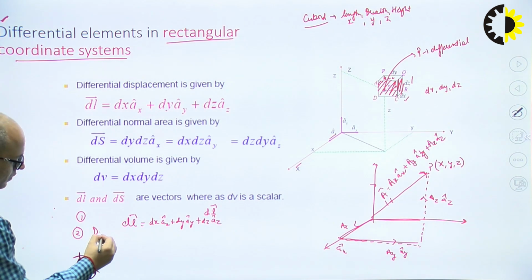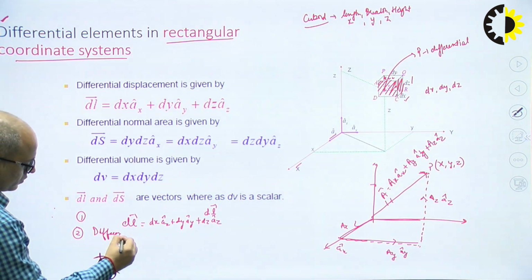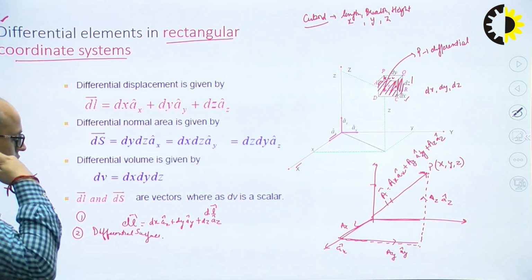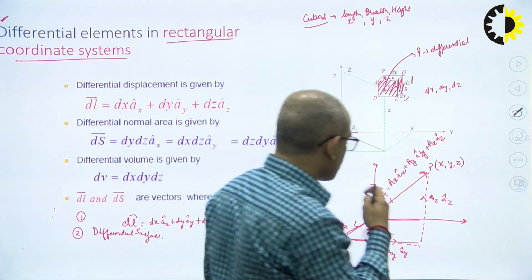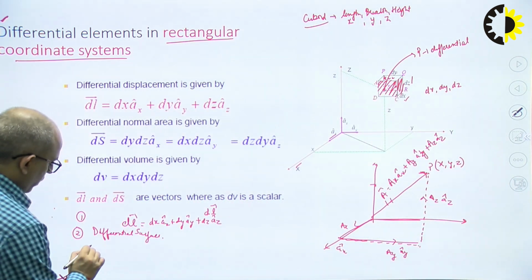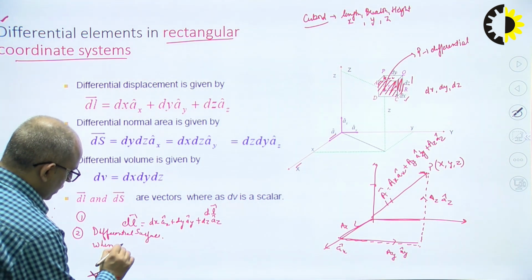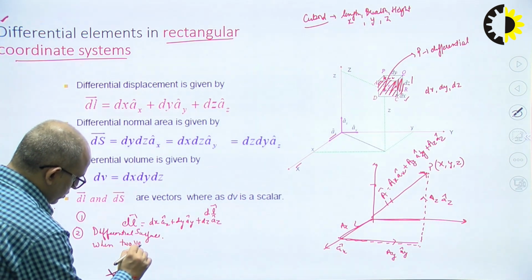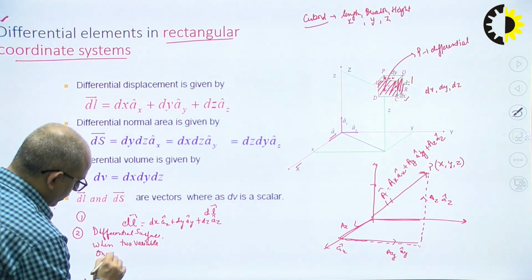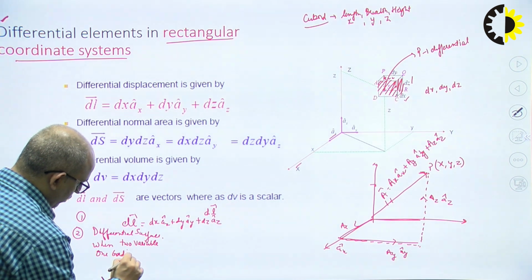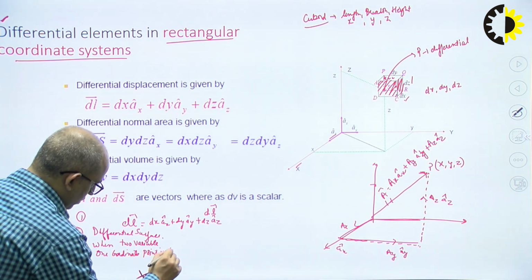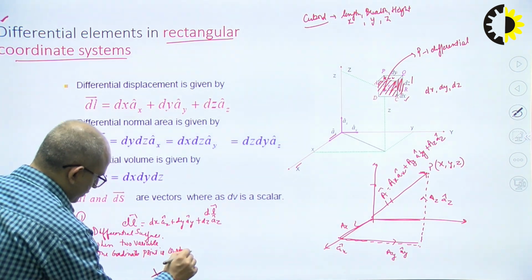Now the next one is the differential surface. As I already told you, a surface area or surface plane will be formed when there are two variables and one coordinate is constant.